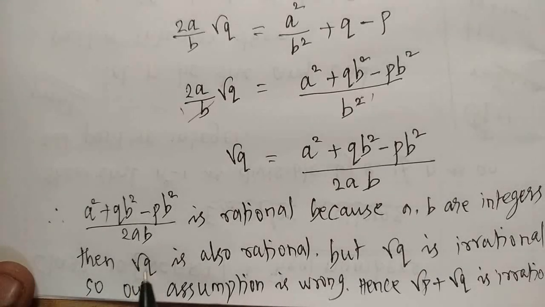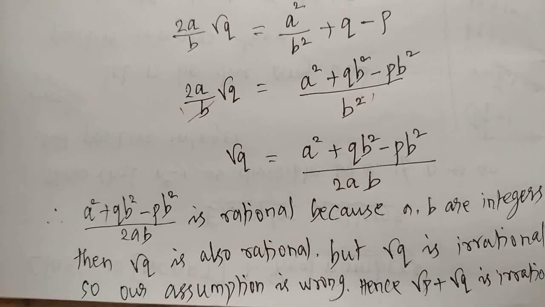But we know definitely root Q is irrational because they said Q is a prime number, and the square root of any prime number is irrational. So we got a wrong answer because we wrongly assumed. That is why our assumption is wrong, and what they gave, root P plus root Q, is irrational only. Nothing changed.